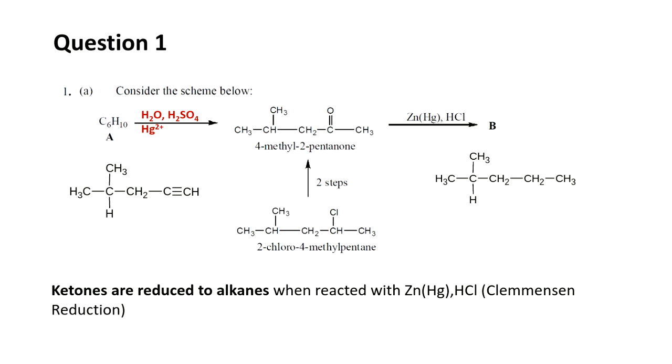It also asks you to indicate the reagent to convert A to the ketone, and that is already shown. It's a hydration reaction, and normally what we use is sulfuric acid in the presence of mercury sulfate or a mercury salt and water.